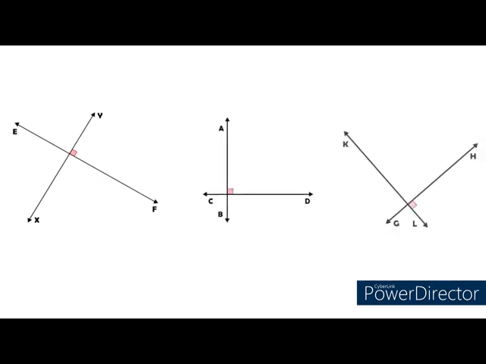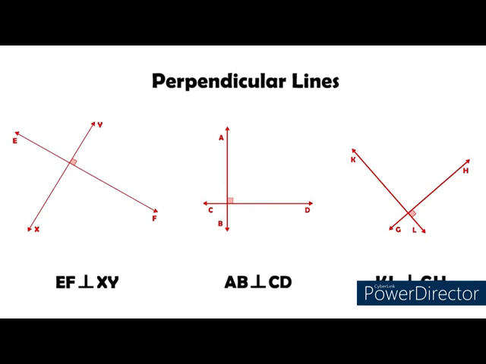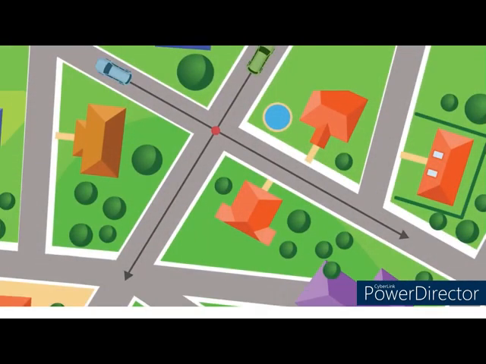Now let us take different lines intersecting each other making 90-degree angles. These are some examples, and we represent them like this: EF is perpendicular to XY, AB is perpendicular to CD, and GH is perpendicular to KL. This is how we represent them.